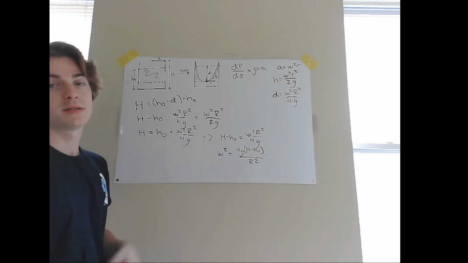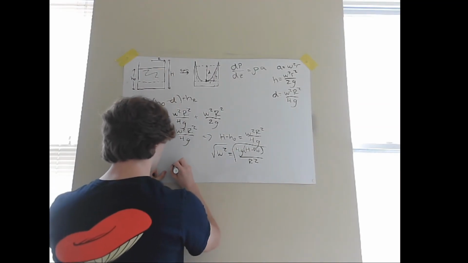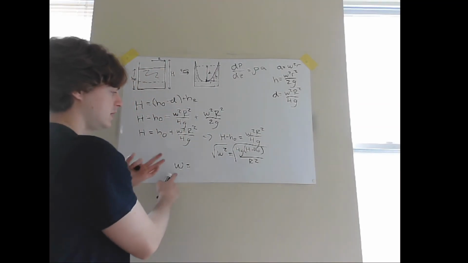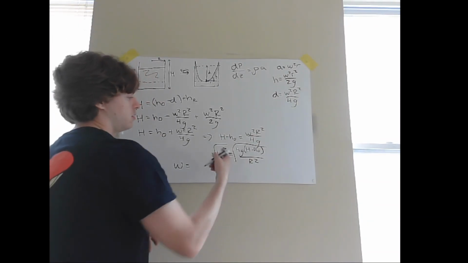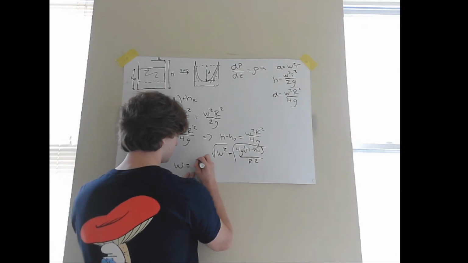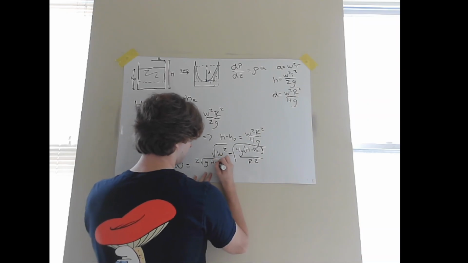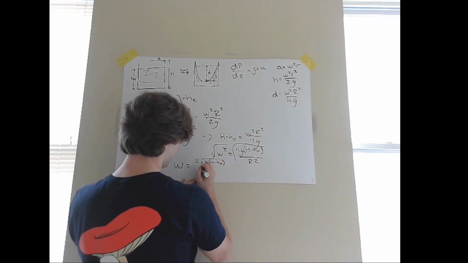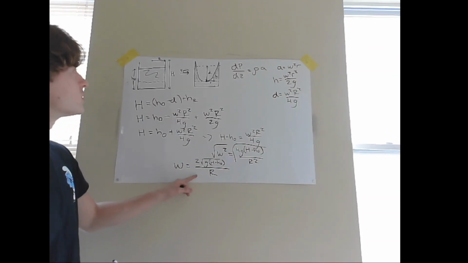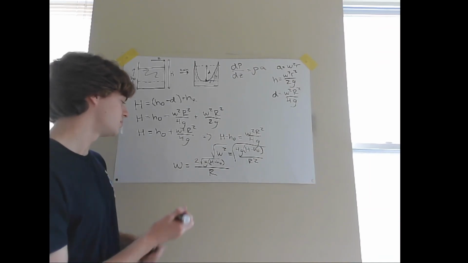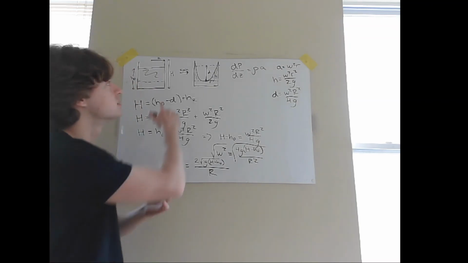And all that's left is to take the square root of both sides of the equation and rewrite our expression. So omega, the maximum angular frequency we can spin the cup without water spilling over, is going to be equal to 2 times the square root of G times H minus H naught over R. So this is the expression for the maximum angular frequency we can spin the cup without any water dumping over the side.